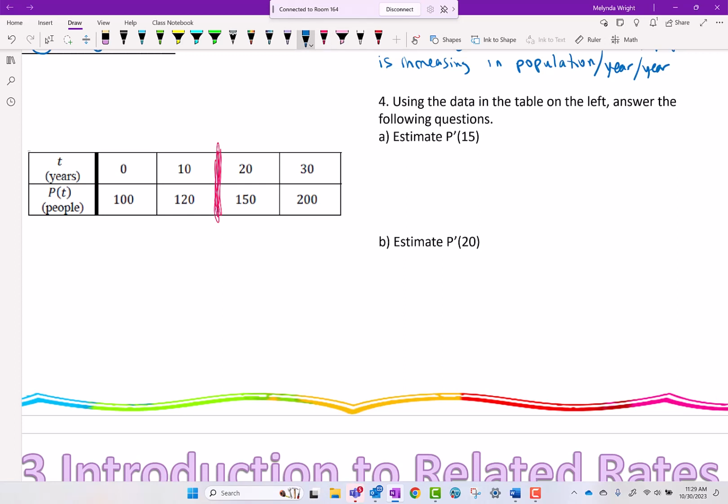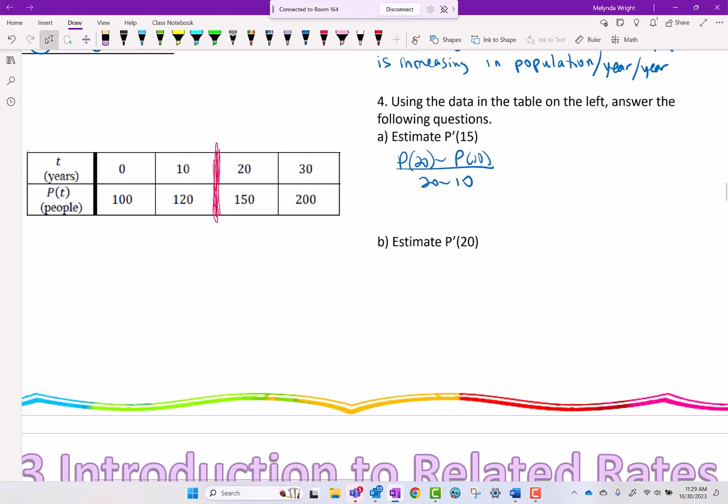You got it. I'm going to write it in abstract form, and then we're going to put the numbers in it. But again, you don't have to write the abstract form. So it will be P of 20 minus P of 10 over 20 minus 10. You don't have to write that part, but you do have to write the actual number part. The numbers would be 150 minus 120 over 20 minus 10.